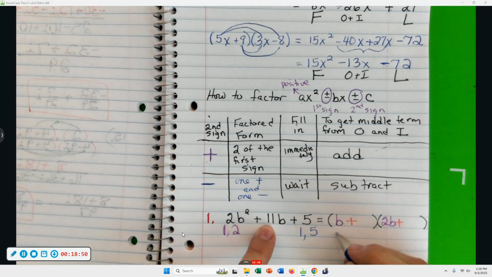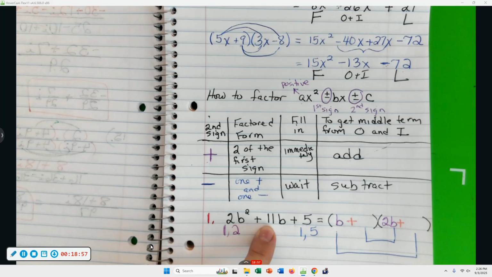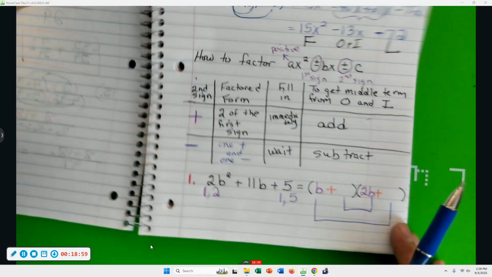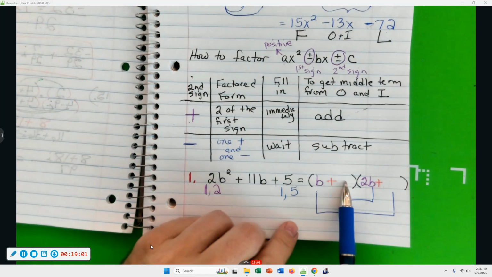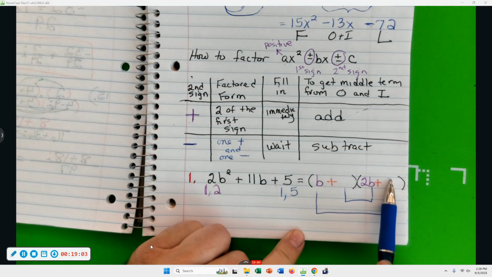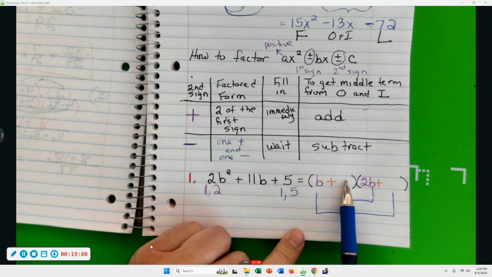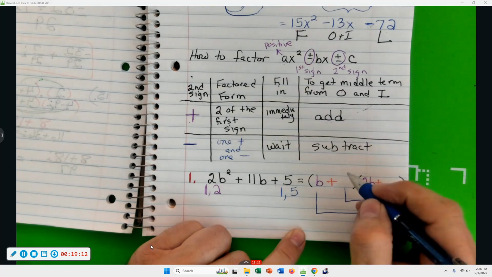So if I'm putting these little marks here for outer and inner, if I put a 1 here and a 5 there, would that give me an 11b? Play around with it. No. Okay, no. What if I did this?